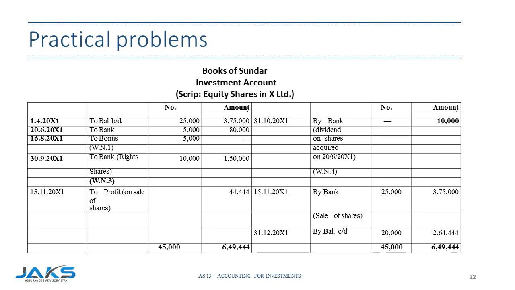Then, we receive dividend at 20%. On that, we have to adjust the dividend received on shares purchased on June 20th, against the cost of purchase. So 10,000 has to be adjusted, and we will discuss its calculation on workings. Then, Sunder sold 25,000 shares at Rs 15 per share.